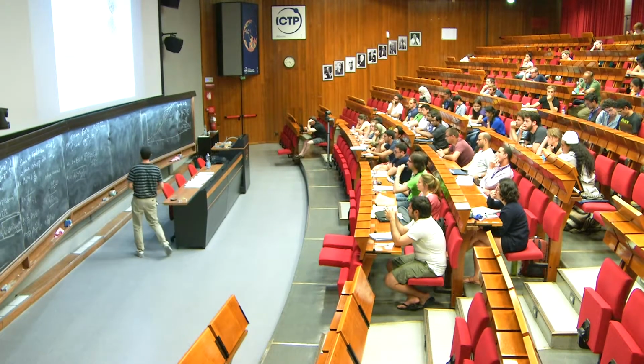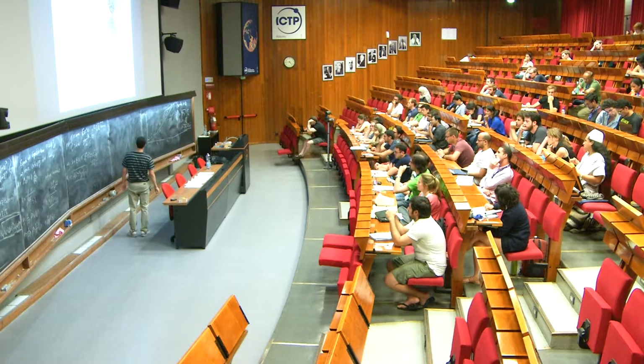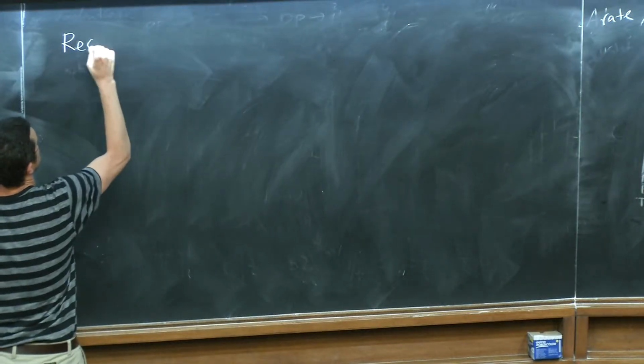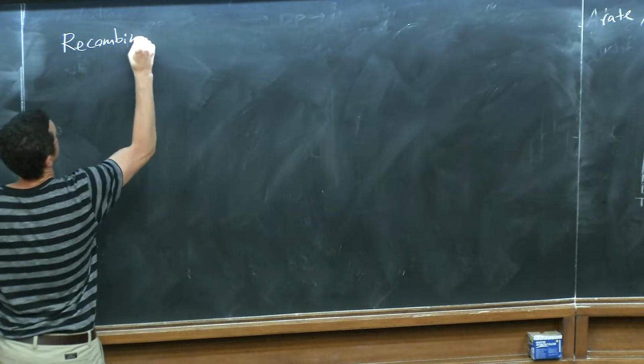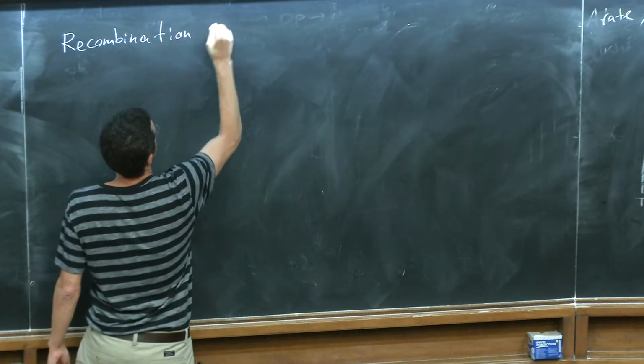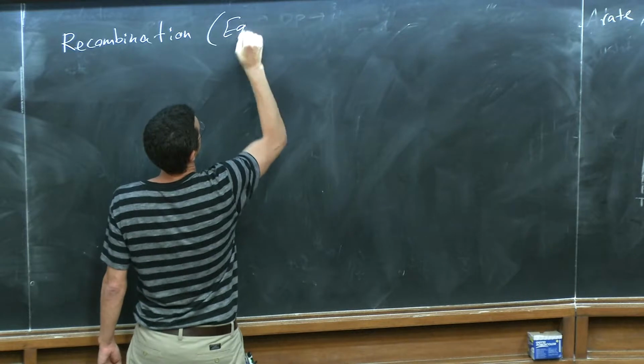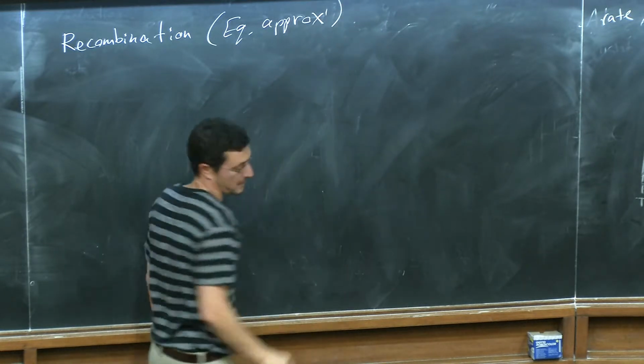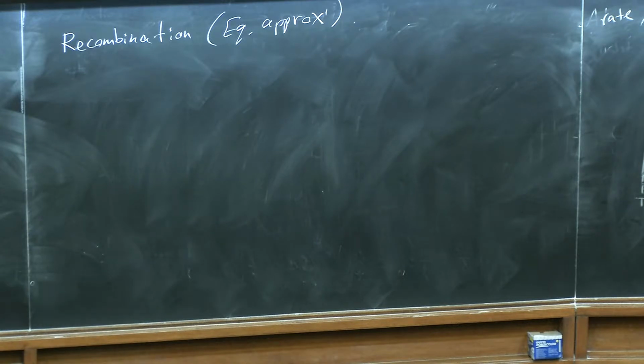So that's my plan. The first thing we will do is calculate recombination approximately in the equilibrium approximation, which Javier already mentioned today. We'll just derive it very quickly from what we did.